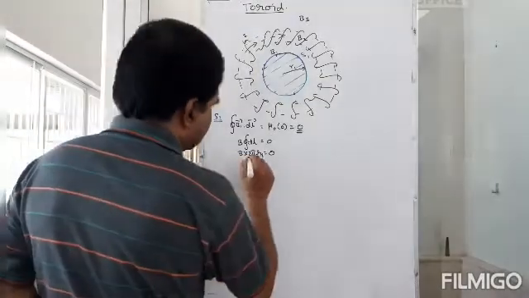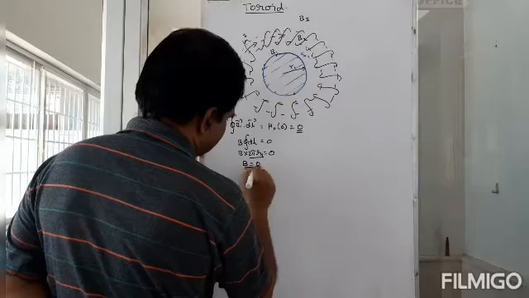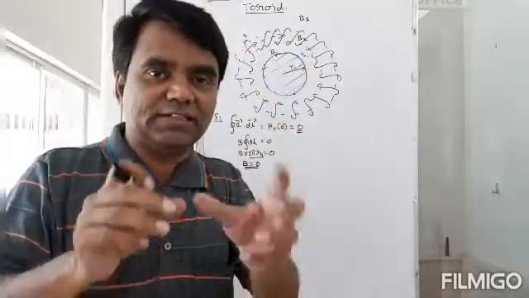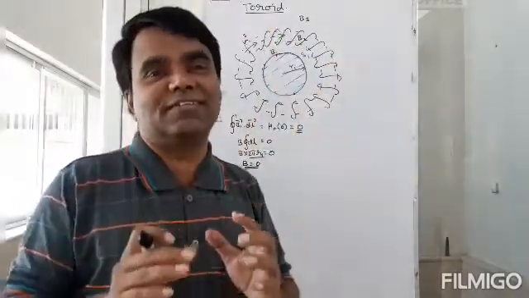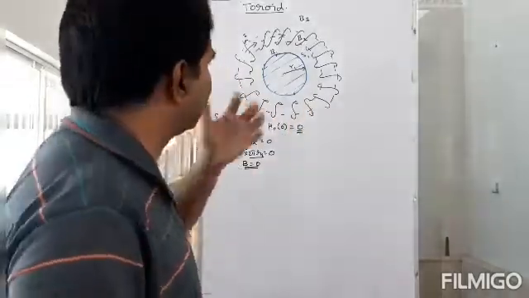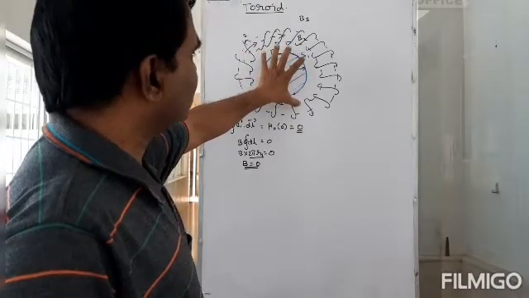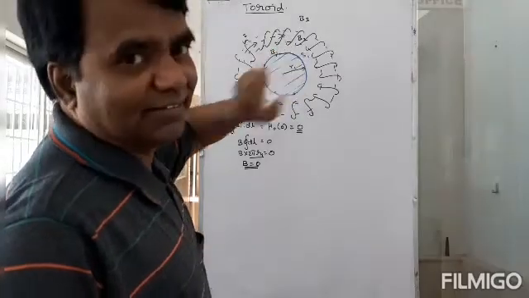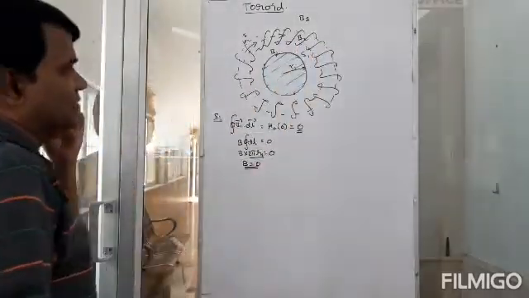So there cannot be a field outside the toroid. This region is outside the toroid but inside the outside, and this is outside of the outside, at B3.